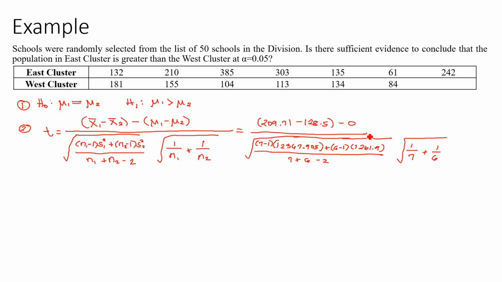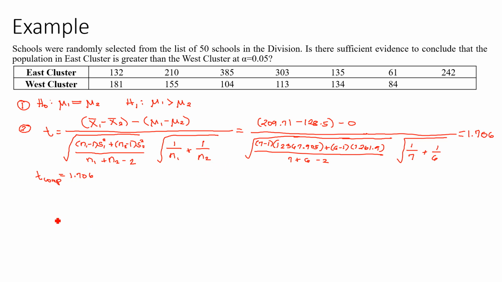So that's the formula, which is equal to what we have computed in the Excel: 1.706. In other words, our computed t value is equal to 1.706. Next step is to determine the tabular t value.